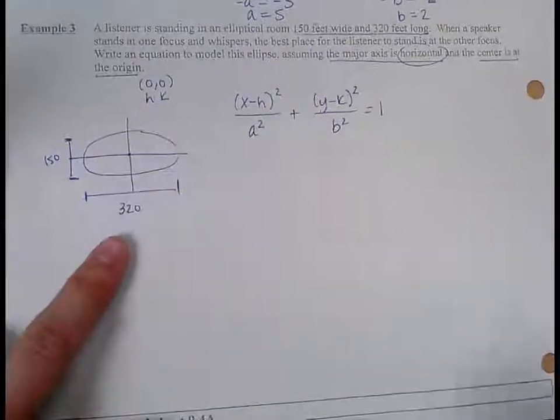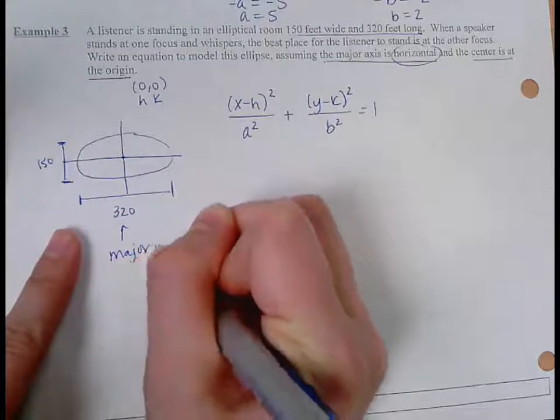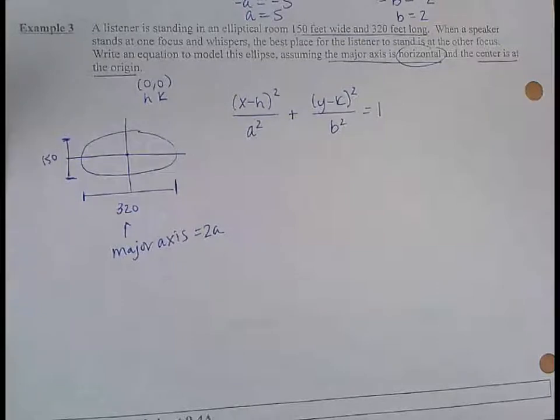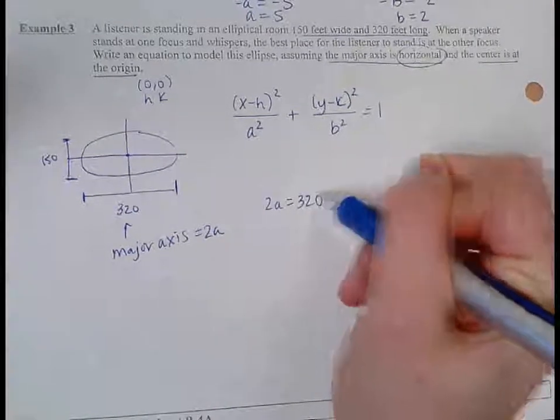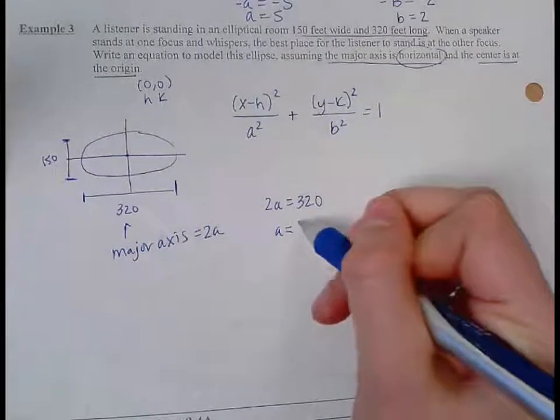Okay, so they're giving us the length of the major axis, which is 2 times a units long. So I know that 2 times a is 320. If I divide by 2, that means a is 160.